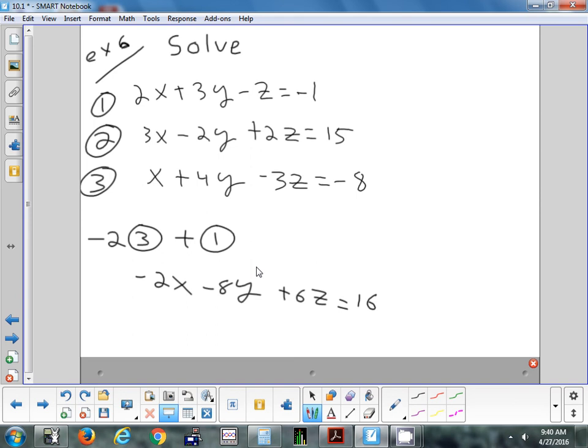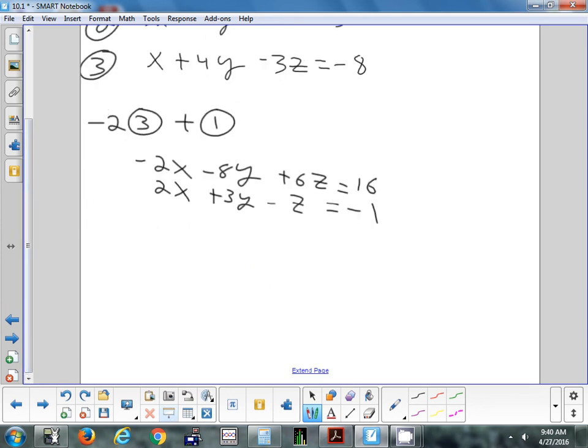And now I'm going to add it to the first equation. 2x plus 3y minus z equals -1. Add those up. X's are gone. What do I get for my y's? -5y.